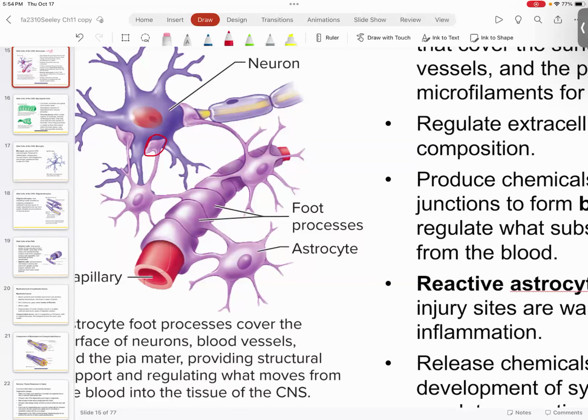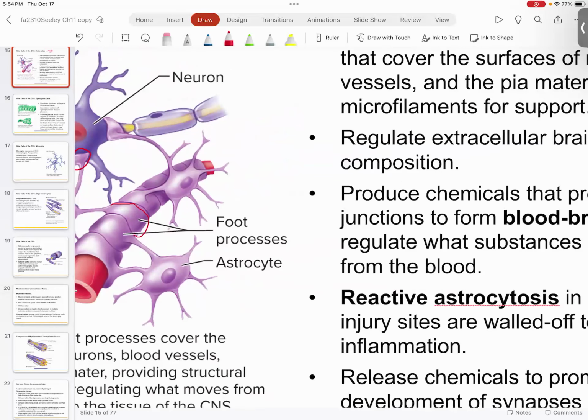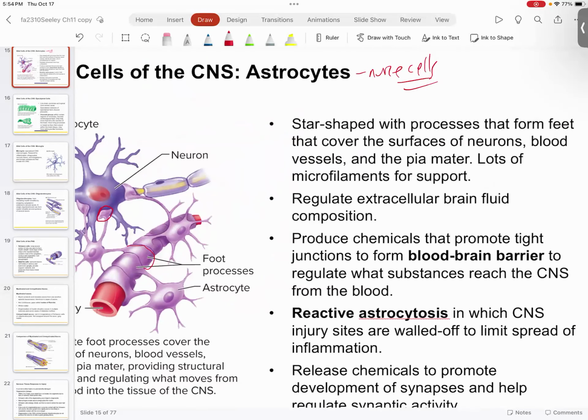And then another appendage will wrap itself around a capillary and a blood vessel. So these foot processes are characteristic of the astrocytes. And so as a result, they are interfacing with both the neuron cell body and the capillary.